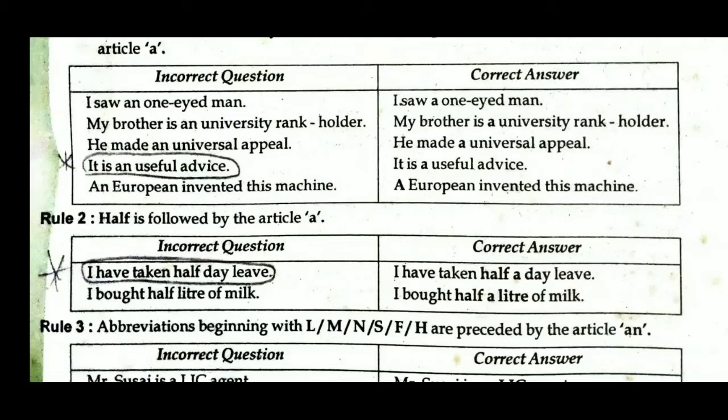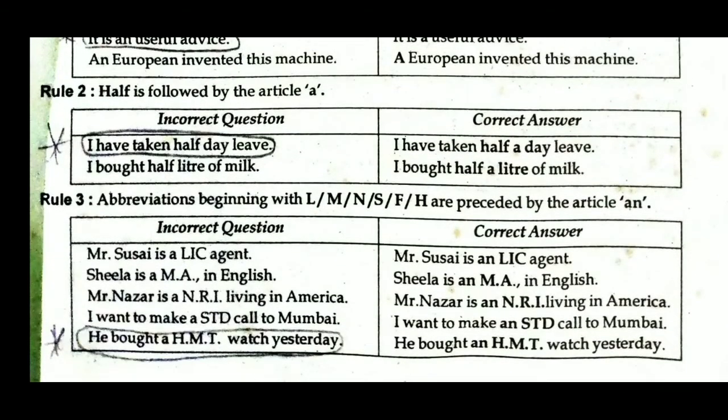Rule 3. Abbreviations beginning with L, M, N, S, F, H are preceded by the article an. For example, Mr. Susai is a LIC agent.